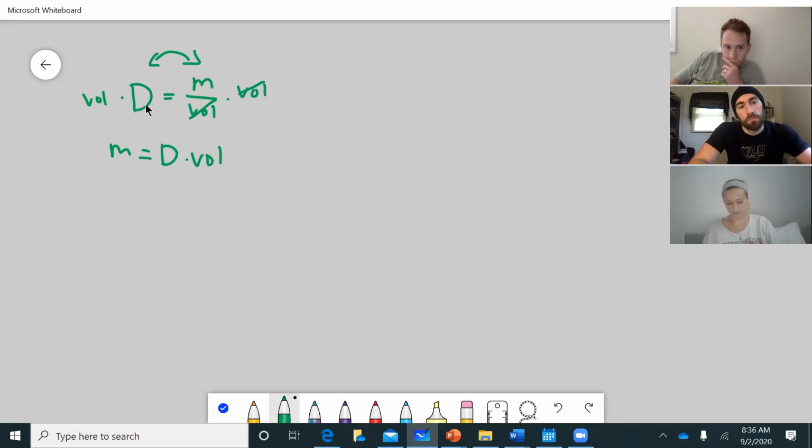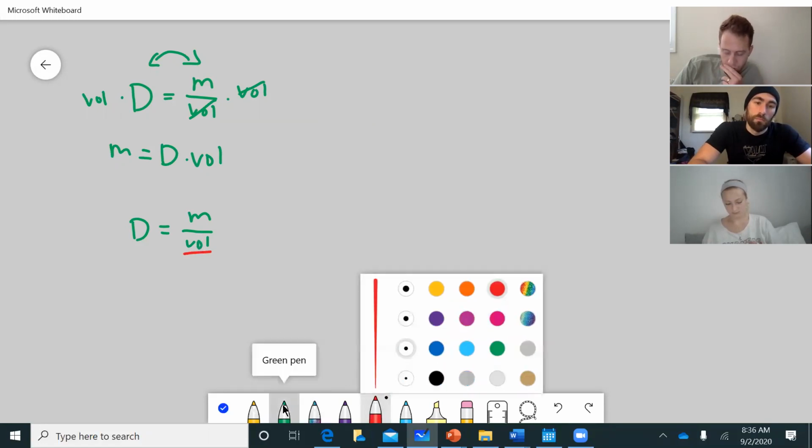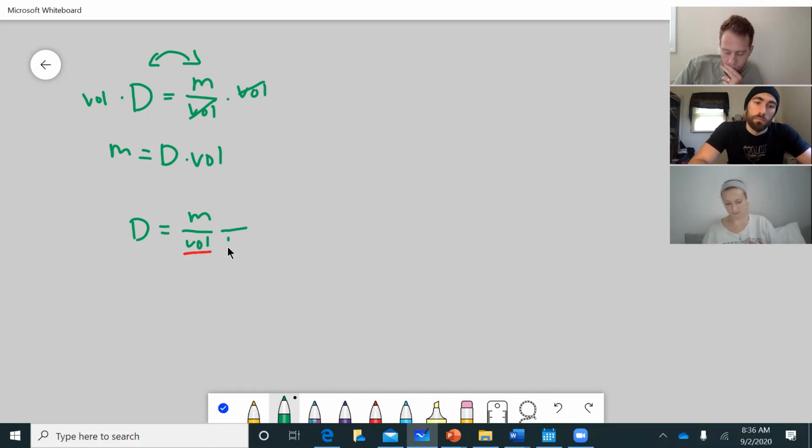Going back to the original, density equals mass over volume. If I want to solve for volume, I want to get this guy down here. This is a little bit different because it's below the fraction bar in the starting point. What I tend to see students do a lot is they'll go, oh, I'm going to divide by mass on both sides.